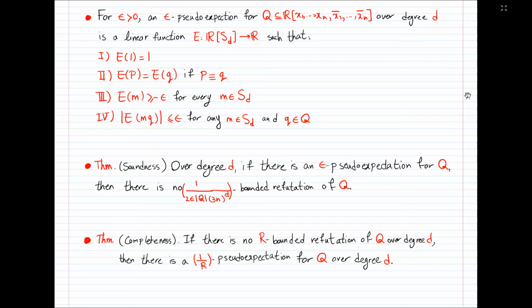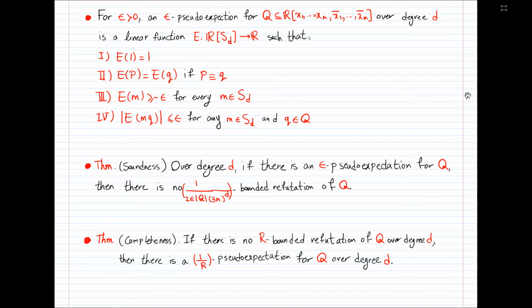For any epsilon bigger than 0, an epsilon pseudo-expectation for a set Q of real polynomials over n variables of degree d is a linear function from monomials of degree at most d with real coefficients to reals, such that it satisfies the four properties. And we proved that Sherali-Adams has a soundness and completeness theorem with respect to this definition of pseudo-expectation.